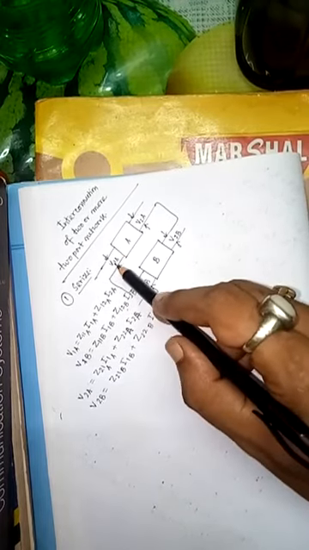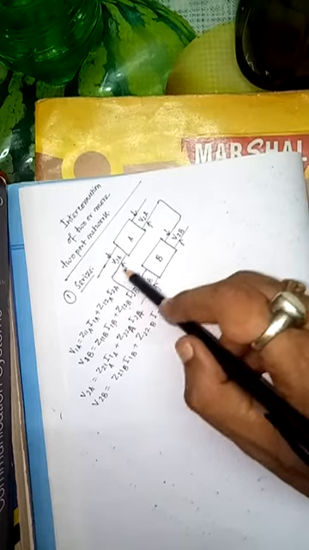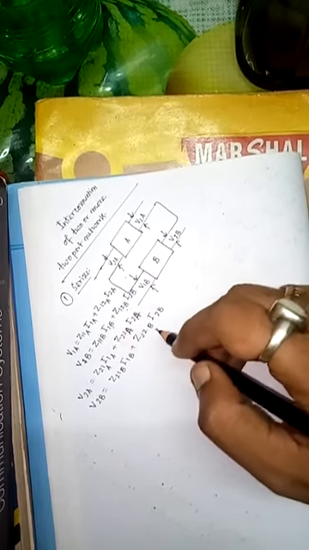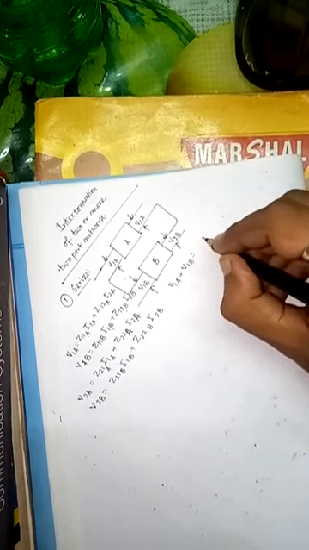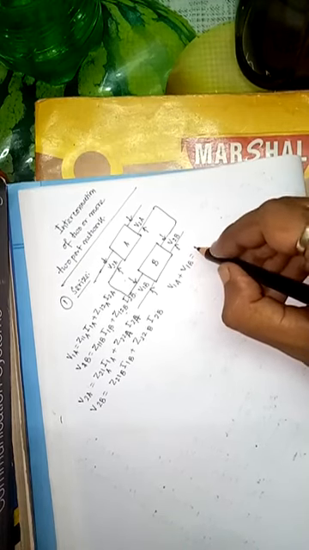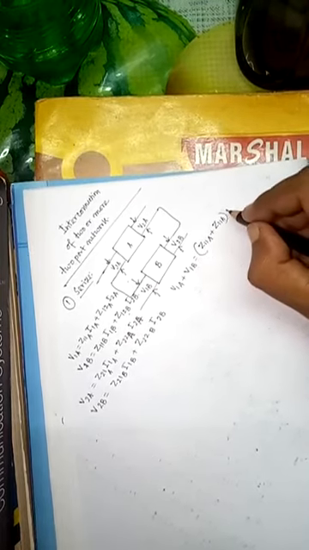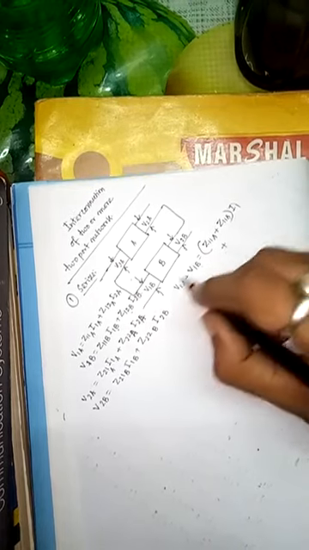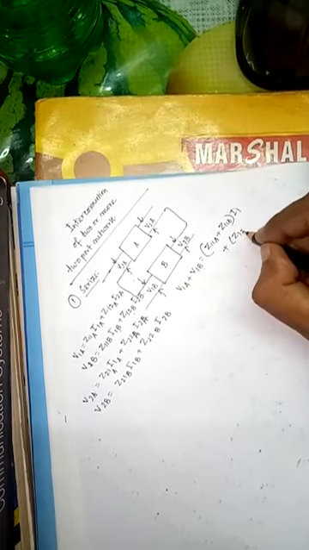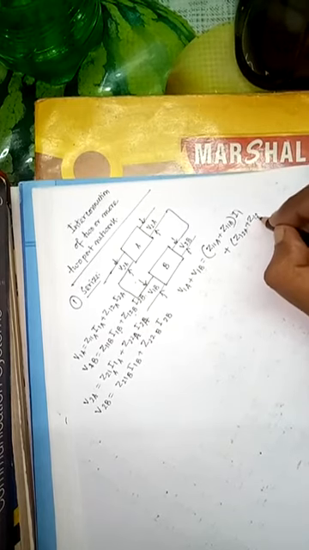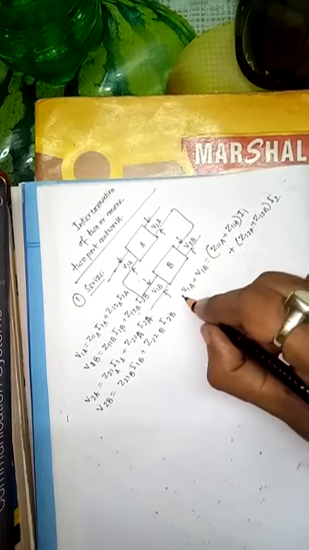Therefore, if you add V1A and V1B, I1A and I1B are the same because the same current is flowing, so they can be added. Therefore V1A plus V1B equals Z11A plus Z11B, as a whole, into I1, plus, in the same way, I2A and I2B are the same, so Z12A plus Z12B into I2, which equals V1.